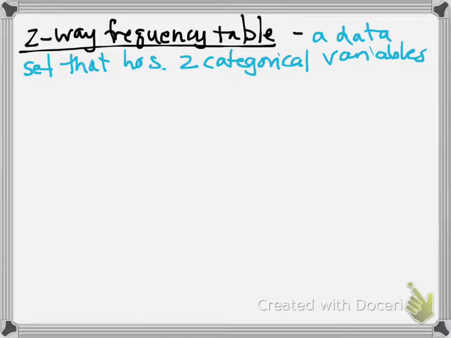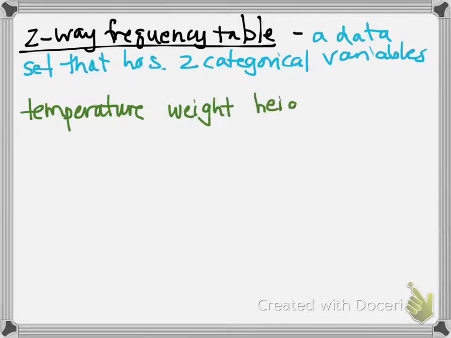Just for a moment, I'm going to give you some words, and your job is to tell me whether we have categorical, so something that's measured in non-numbers. That would be categorical. So here's your choices. Temperature, weight, height, color.